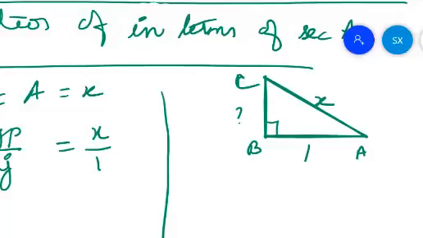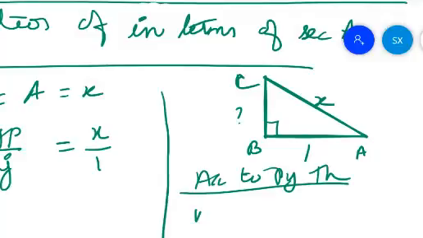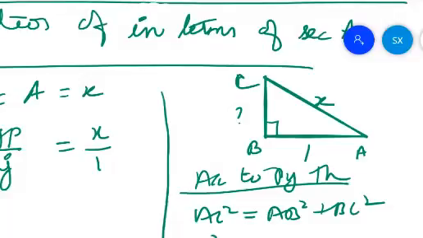Good. So, according to Pythagoras theorem, what happened? AC square is equal to AB square plus BC square. So x square is equal to, this is 1, so put AB only. So AB square is nothing but x square minus 1.